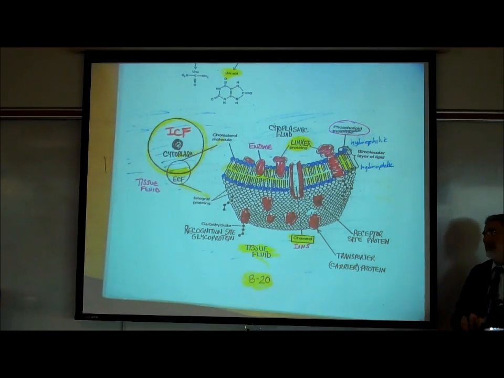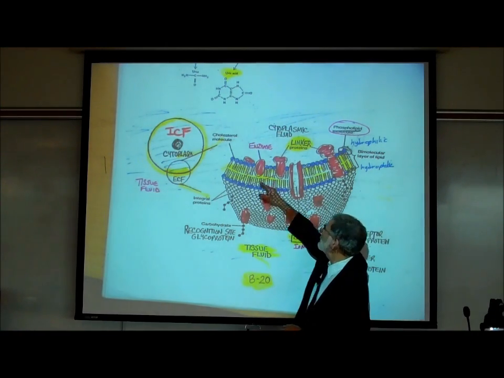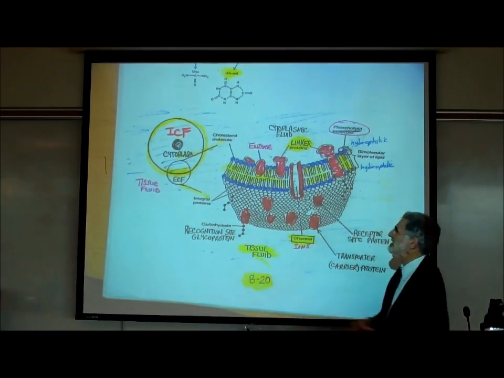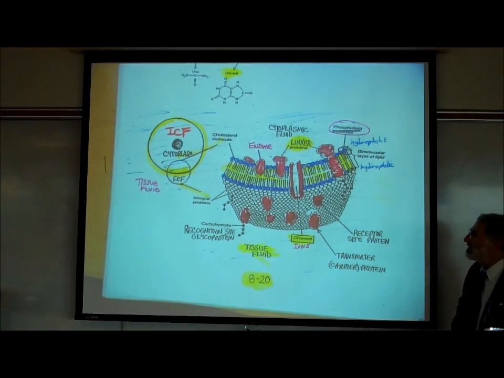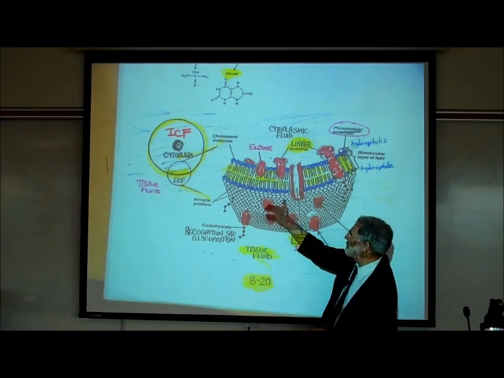But more important to us are these embedded proteins. There are a whole bunch of different proteins embedded in the cell membrane. Some of these proteins are sticking out on the outer surface of the cell membrane.